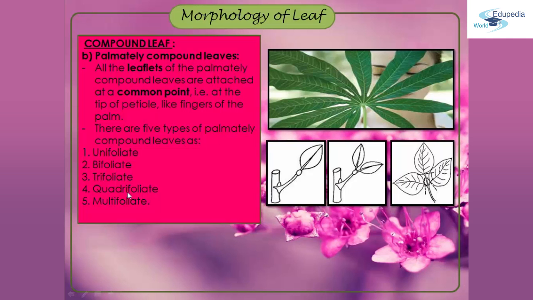And likewise quadrifoliate, in which 4 leaves are attached at a common point, that is at the tip of the petiole, like the fingers of the palm. And multifoliate, when 5 or more leaflets are attached at a common point at the tip of the petiole, like the fingers of the palm. So these were the 5 types of palmately compound leaves.